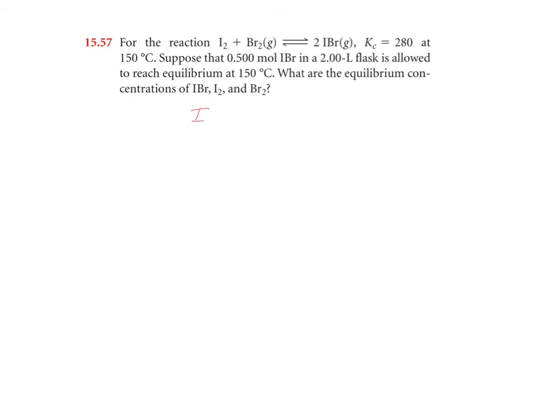So in this problem, they start by giving us your equilibrium constant and saying that we have an initial amount of our product. Since we're given an initial amount of product here, but they're asking about equilibrium values, we have to do an ice chart.